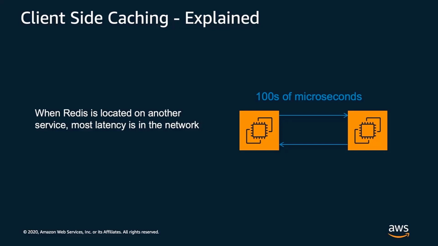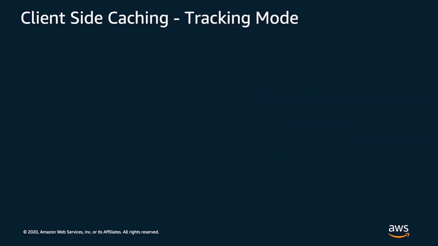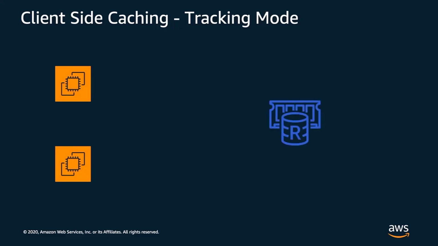This new client-side caching is offered in two forms in ElastiCache for Redis: tracking mode and broadcast mode. So in tracking mode, the Redis server tracks the keys that each client has fetched. So as an example, here we have a client who gets the key foo. ElastiCache for Redis is now tracking that that specific client has fetched foo. So from the start, we know there's going to be extra memory usage to perform this feature, right?